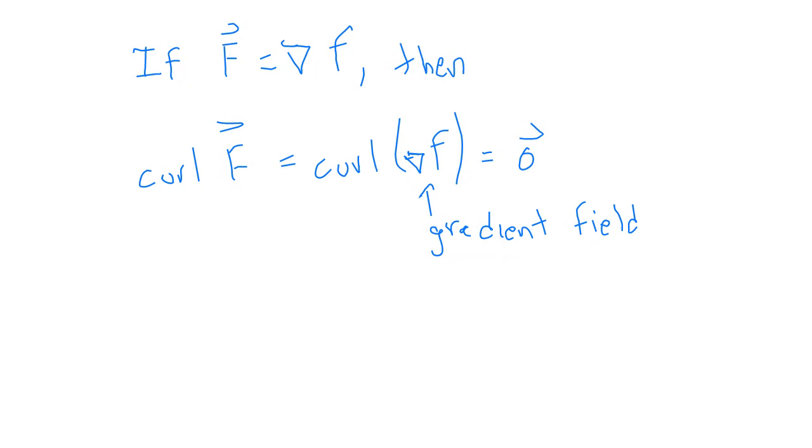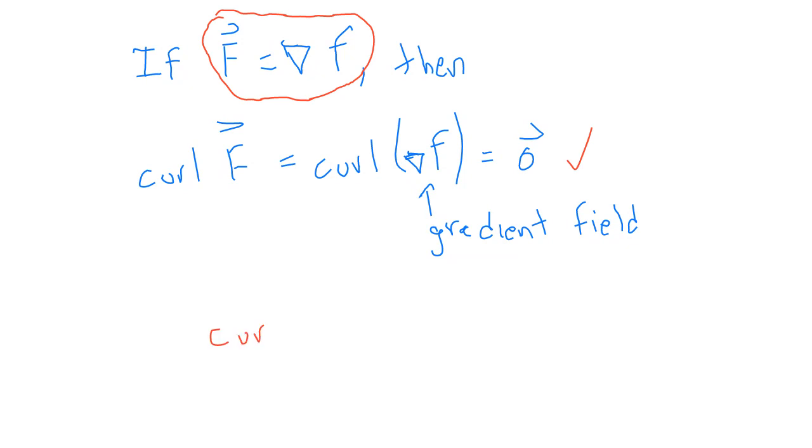So if your vector field F is a conservative vector field, then that means F is the gradient of some potential function. But the curl of the gradient field of any function equals the zero vector.